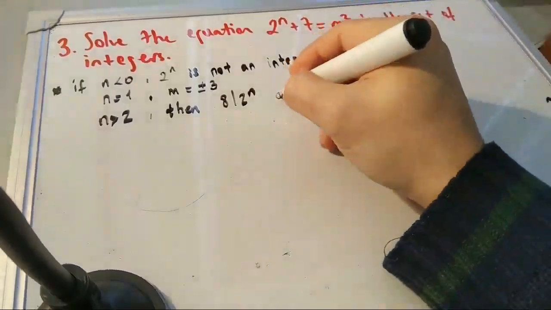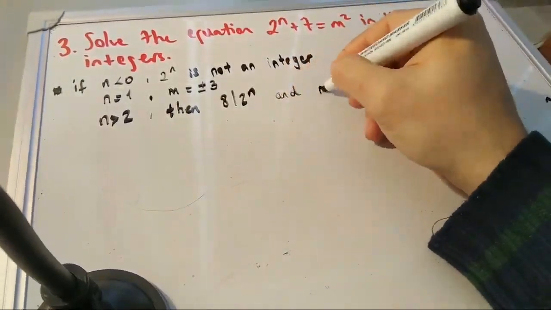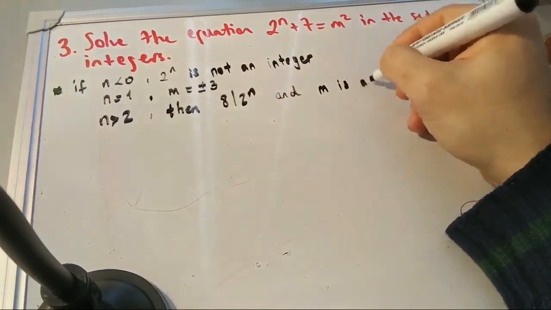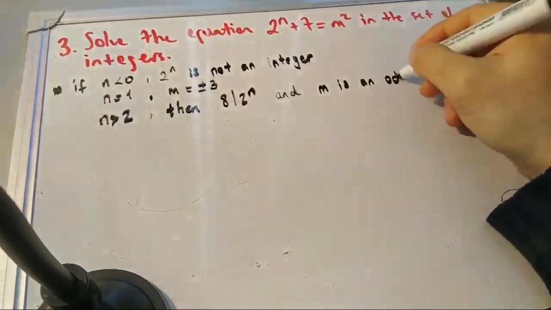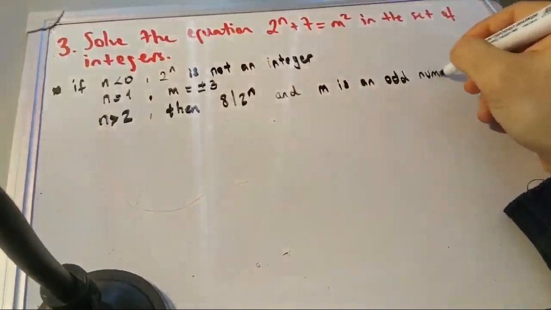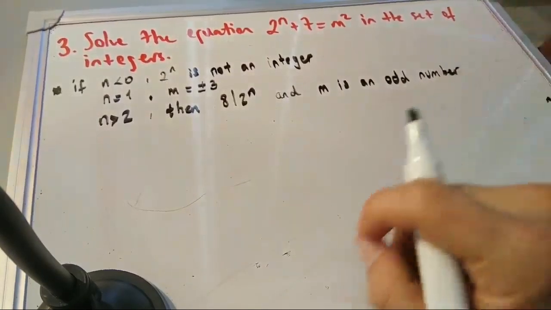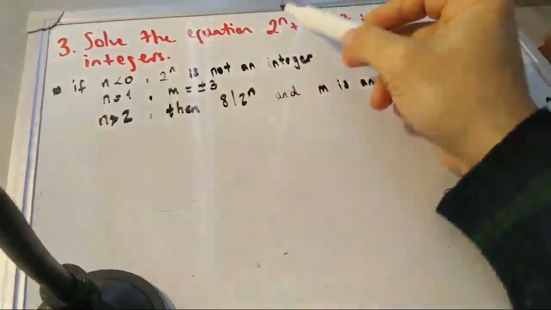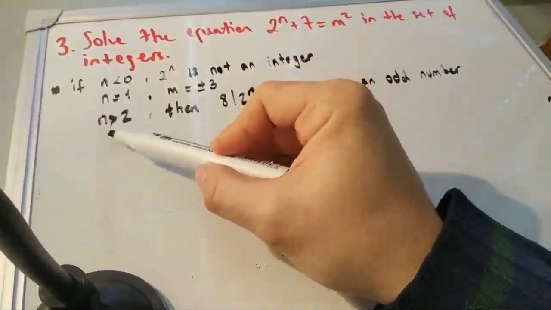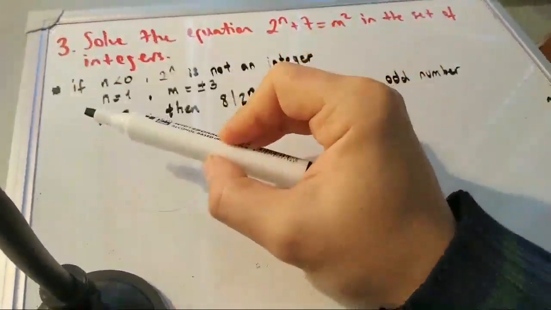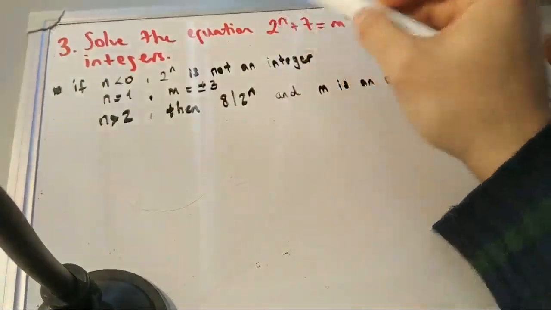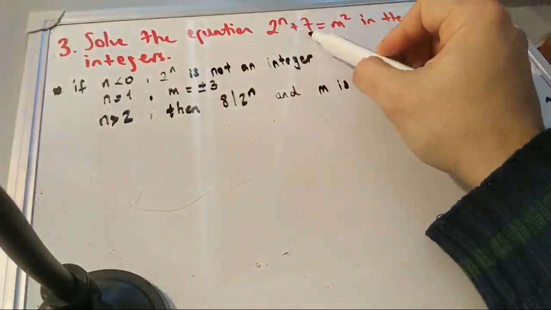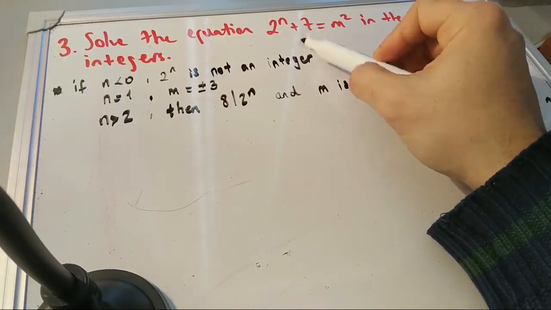And m is an odd number, because 2 to the power of n is even if n is greater than 2, for all values. Even plus 7 is an odd number.